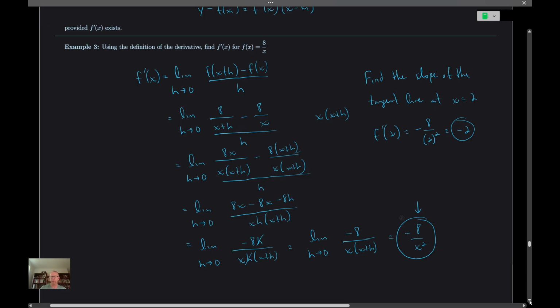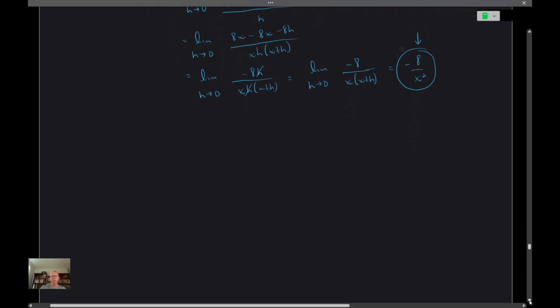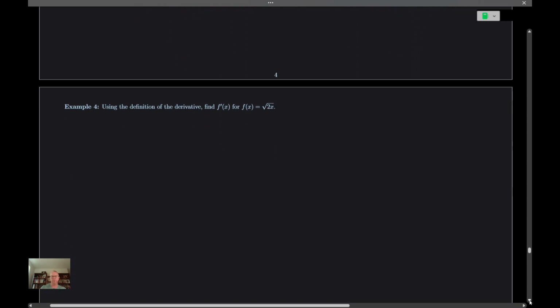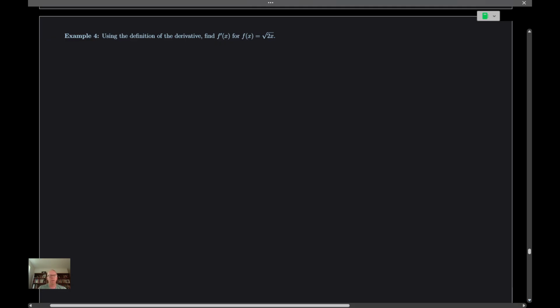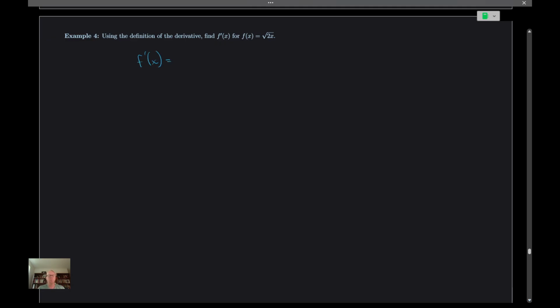All right, so let's look at another type of function here. So we have square root of 2x. We're going to do the same thing. So f prime of x, we have the limit as h approaches 0 of f of x plus h minus f of x over h.